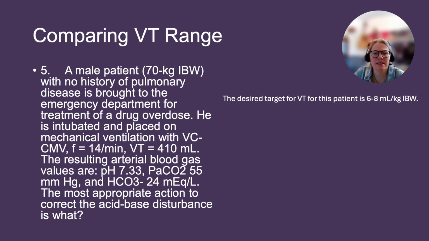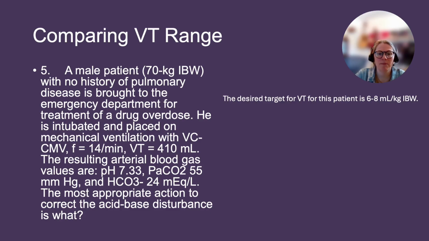All right, guys, let's look at another question from your study guide, and let's compare tidal volume range. So I'll jump in and start reading. A male patient with an ideal body weight of 70 kilograms with no history of pulmonary disease is brought into the emergency department for treatment of a drug overdose.